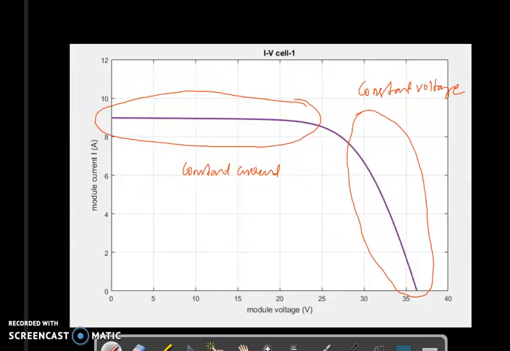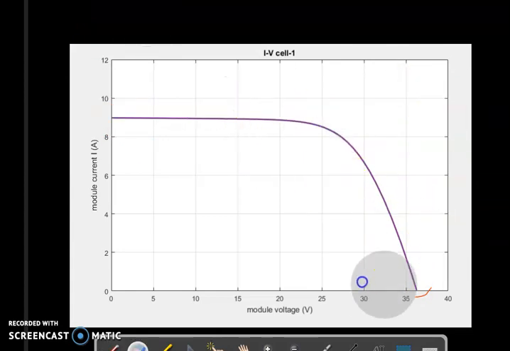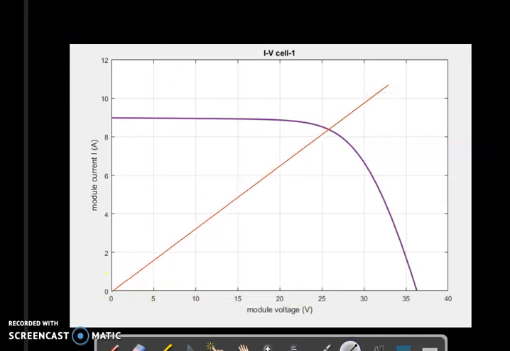So how do we extract the power? The line in the voltage and current curve indicates the load line.